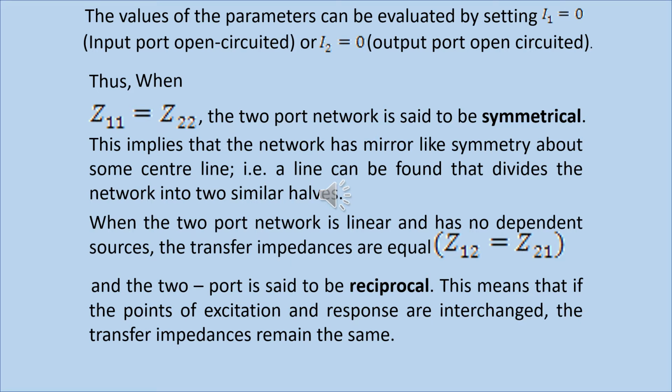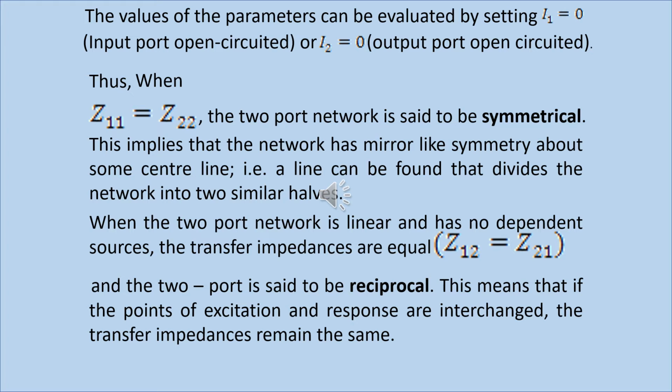And whenever the current is equal to 0, that is when we have an open circuit condition. So in V1 equals Z11 I1 plus Z12 I2, we can calculate our Z11 by setting our I2 equal to 0, and also calculate our Z12 by setting our I1 equal to 0.